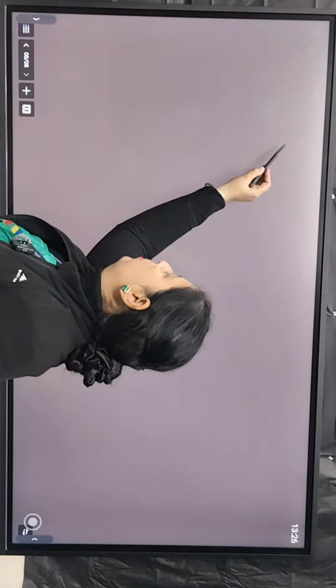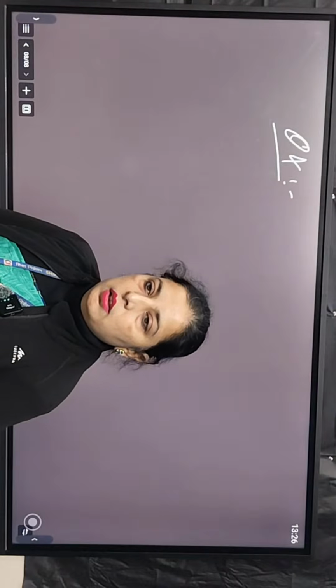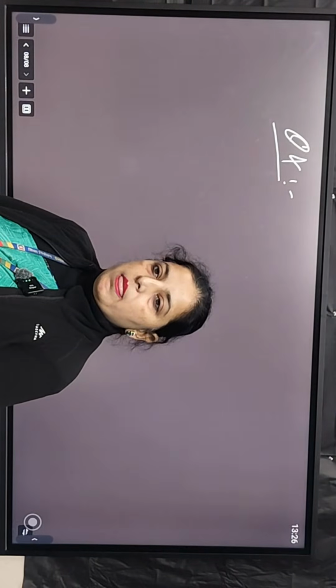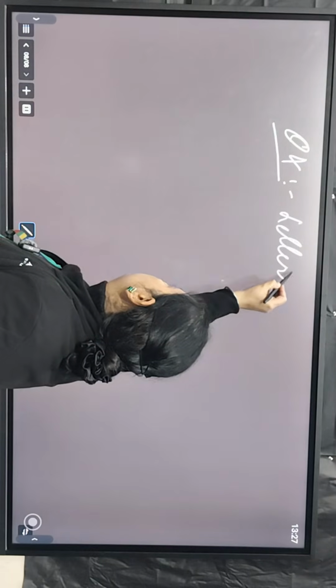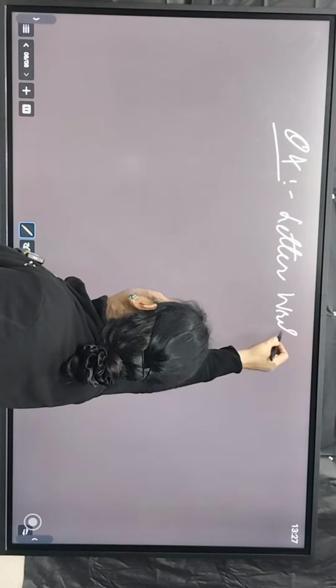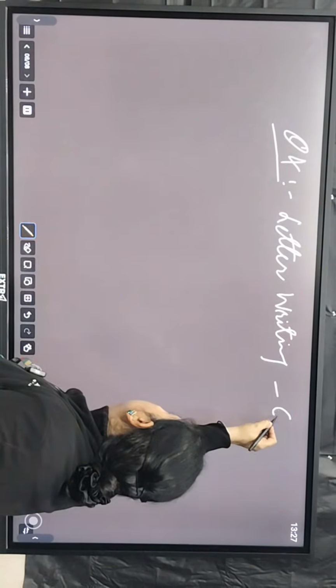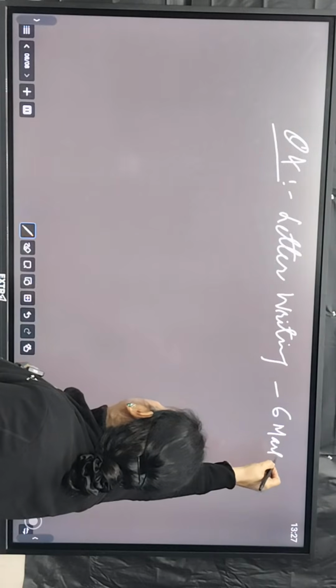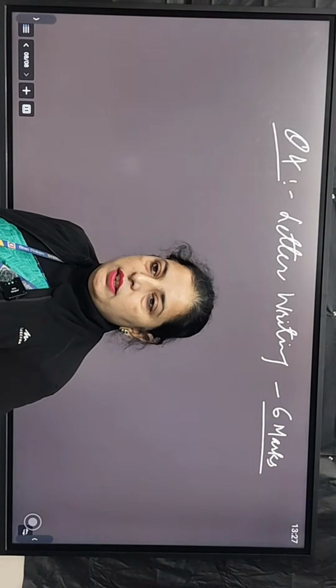we have question number 4 in our board exam, that is letter writing. Six marks की letter writing आती है आपके board exam में. You have 6 marks for letter writing.